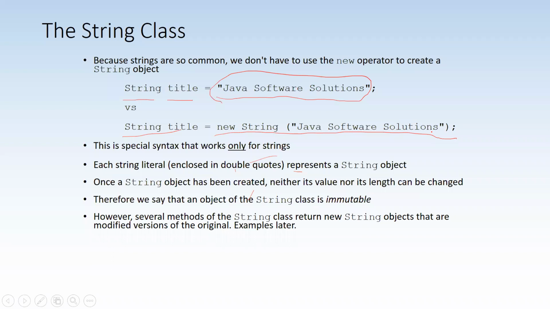Both of them are correct, but one is creating a new object, while this one is simply assigning this object to this reference variable. This syntax, just like declaring and initializing a primitive data type variable, only applies to string. For all other objects, you should always use the new class name syntax. We apply this syntax to string because it's used so often, and the Java language developers simplified it.